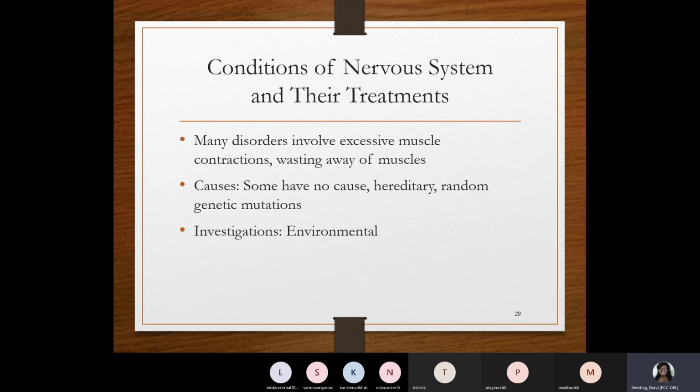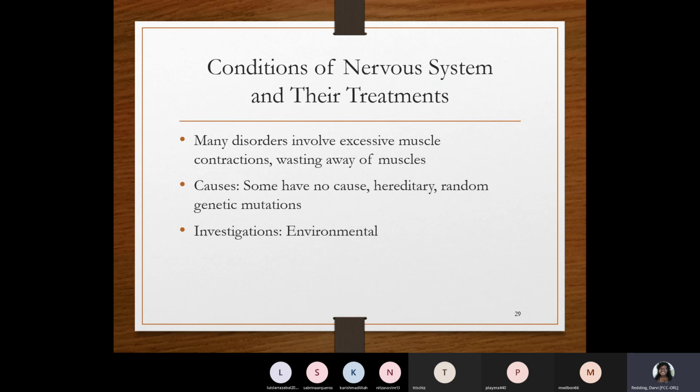So let's first start talking about some of the conditions of the nervous system and their treatments. So there are many different disorders that involve excessive muscle contractions, basically like a wasting away of muscles. And so based on some of the conditions, there are some that have no cause. Some could be brought on by heredity, or some can just be random genetic mutations.